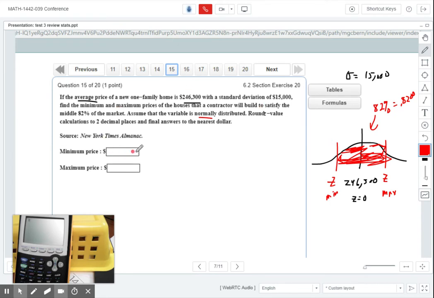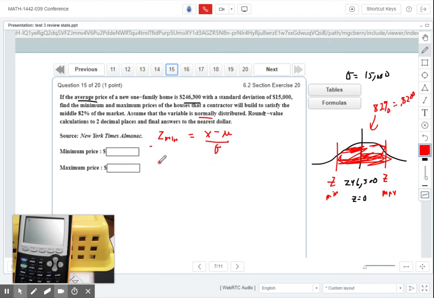So to find minimum and maximum, we have to start first with the z-values of both of these. Let's find the z-value of the minimum. You have to use the formula: x minus the average, divided by the standard deviation.